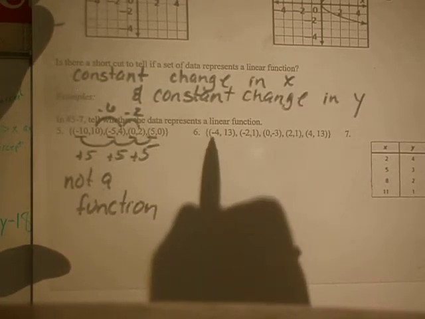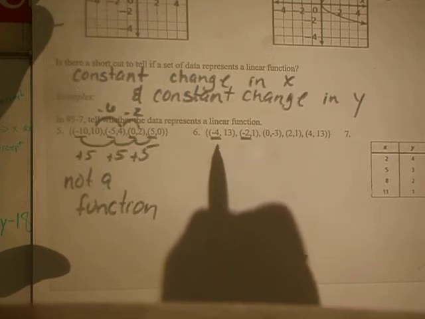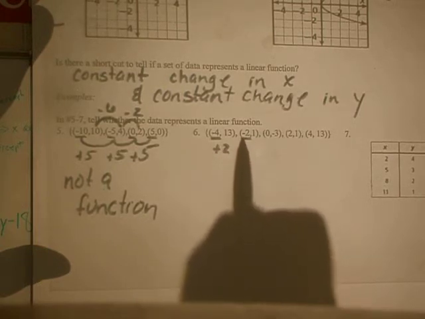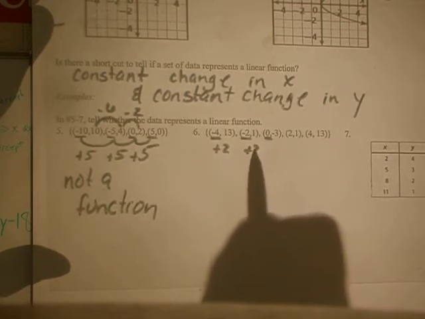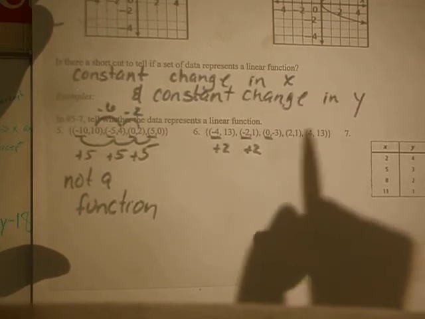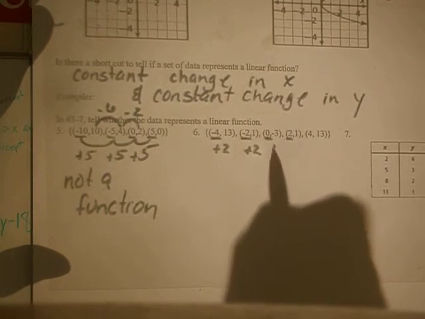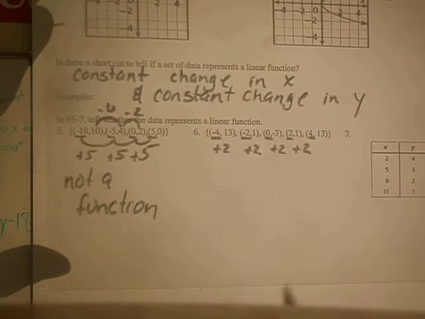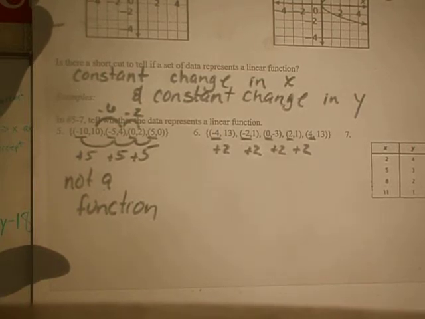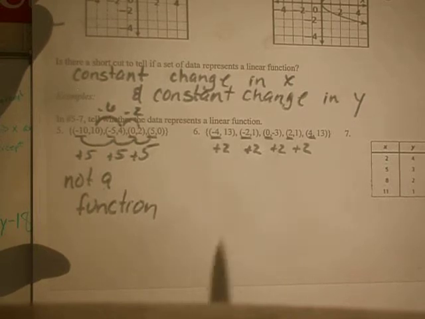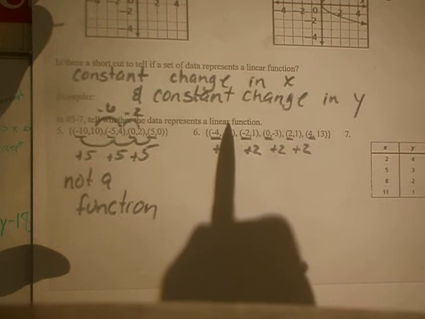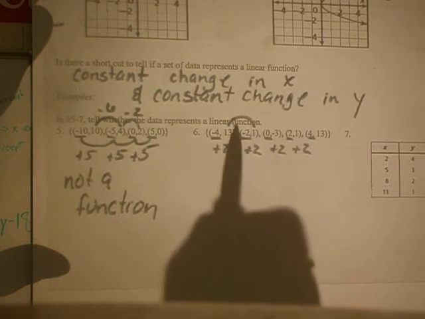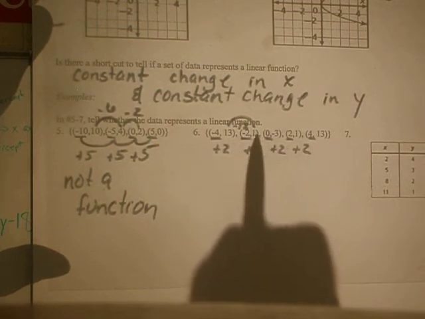Number 6, -4 to -2, we've gone up by 2. -2 to 0, we've gone up by 2. 0 to 2, we've gone up by 2. And 2 to 4, we've gone up by 2. So our x's, there is a constant change. Y's, from 13 to 1, you subtract 12.